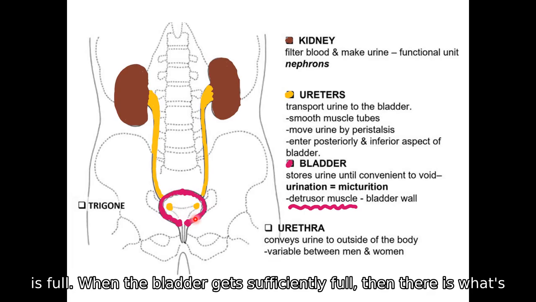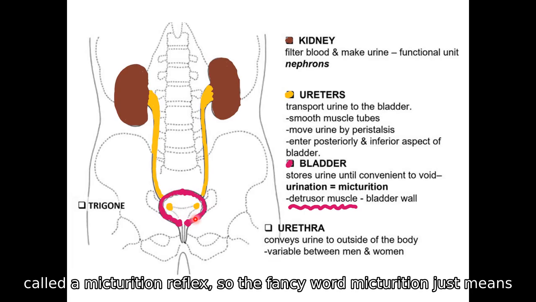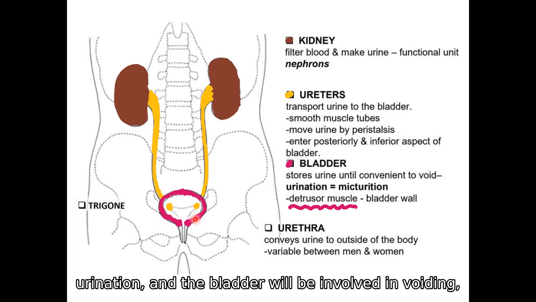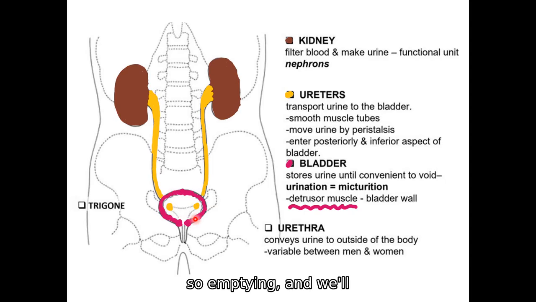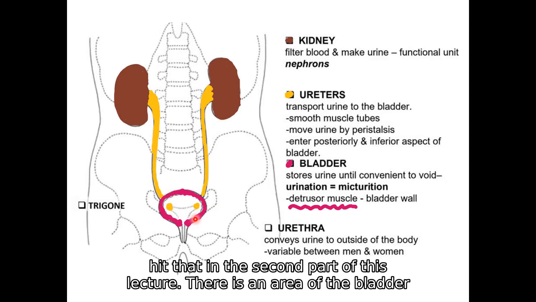When the bladder gets sufficiently full, there is what's called a micturition reflex. That fancy word micturition just means urination, and the bladder will be involved in voiding, so emptying. And we'll hit that in the second part of this lecture.